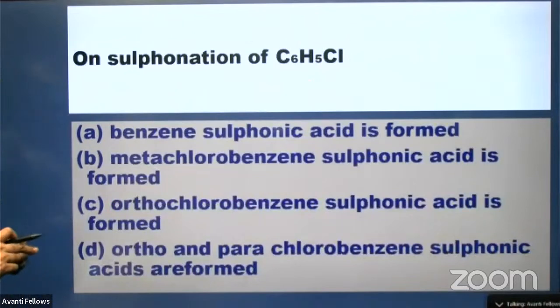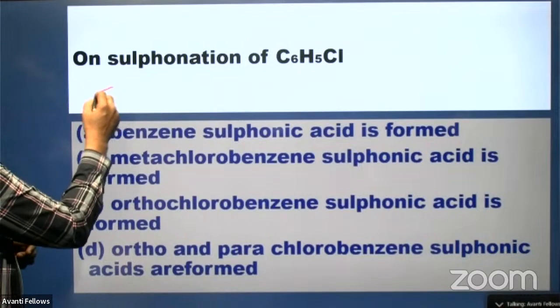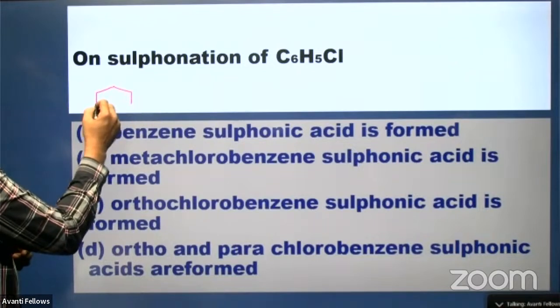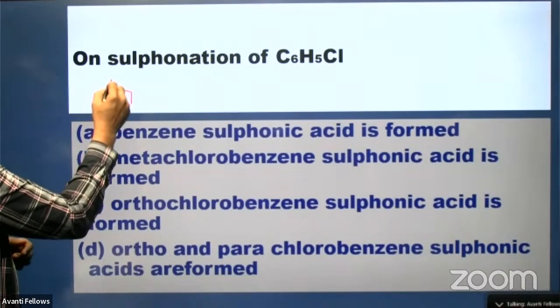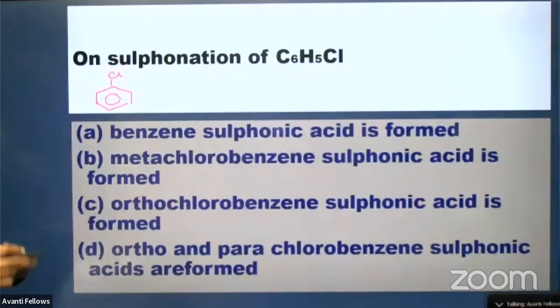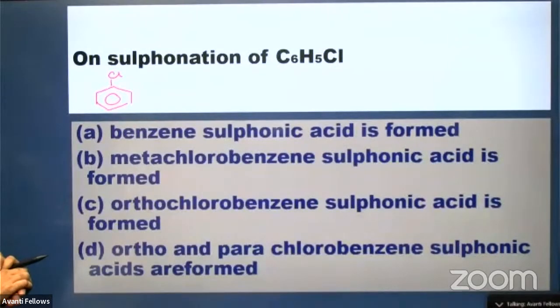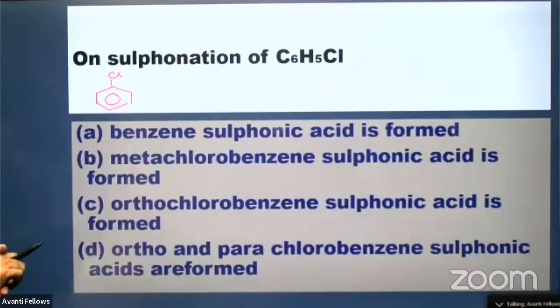Now consider sulfonation of C6H5Cl. What is the compound formed? Benzene sulfonic acid is formed. Meta-chlorobenzene sulfonic acid is formed. Ortho-chlorobenzene sulfonic acid is formed. Ortho and para-chlorobenzene sulfonic acid is formed.